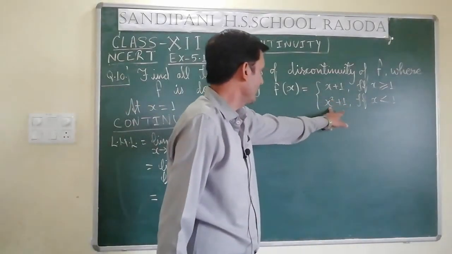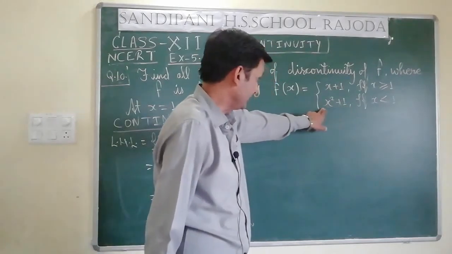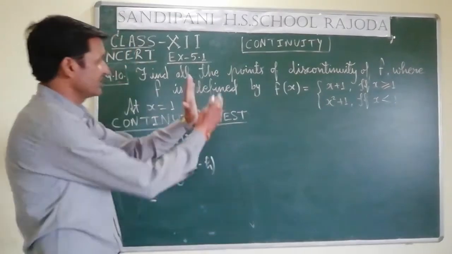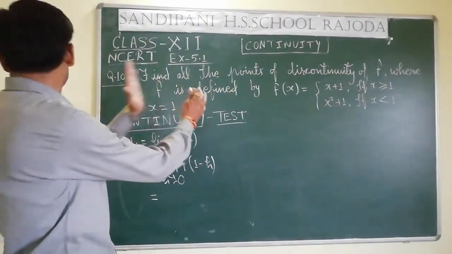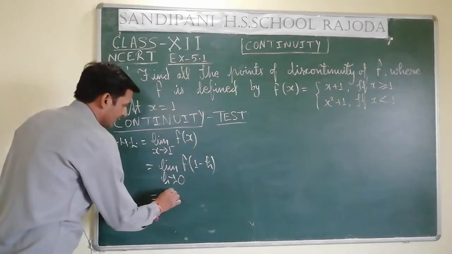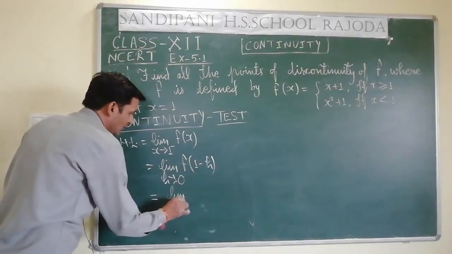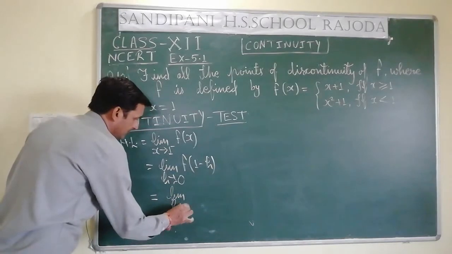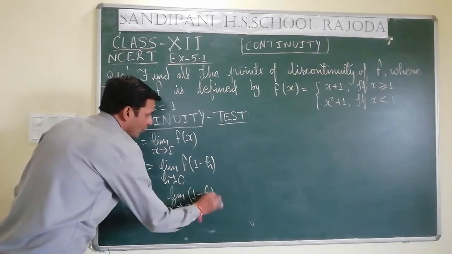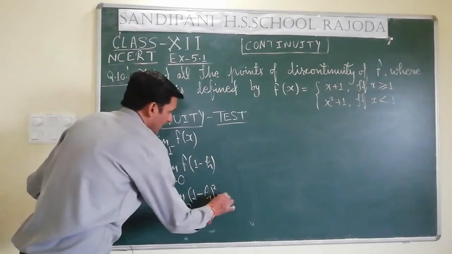Now we have to put 1 minus h in this part. Why is it so? Because x is less than 1. Less than 1 means it is the left part of the number line. So, it will be limit h tends to 0, 1 minus h whole square plus 1.